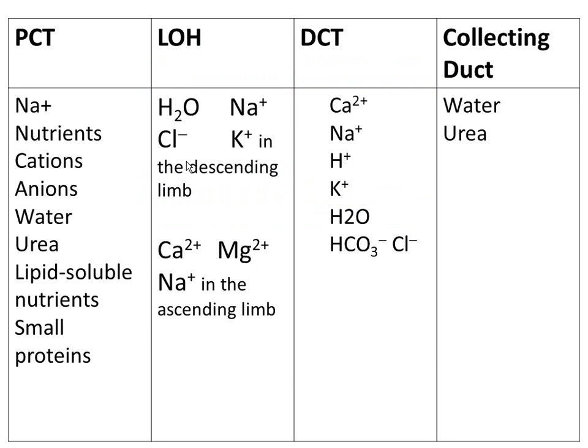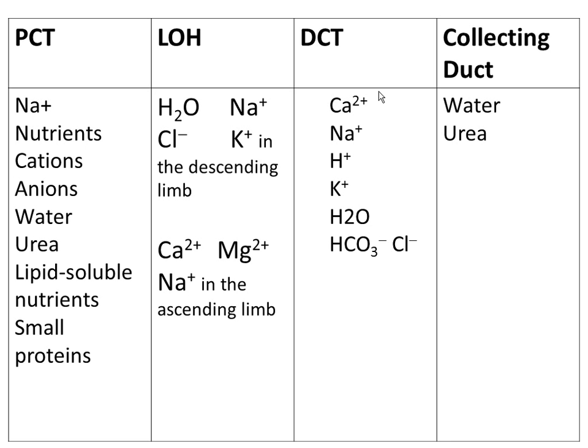So throughout the different parts of the nephron, here are different things that are reabsorbed. And you can see by far the proximal convoluted tubule is reabsorbing tons of nutrients. The loop of Henle reabsorbs water because it pumps salts.